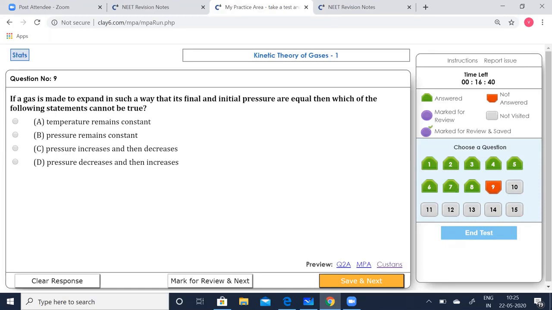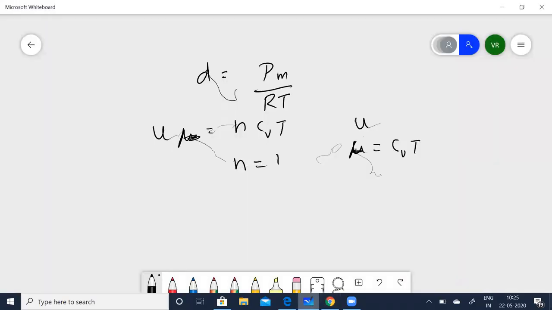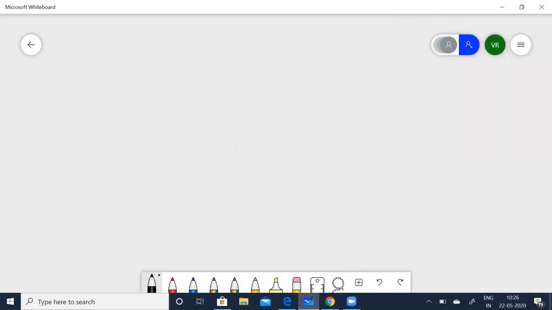So this can be represented by the graph. Let me write it here: PV is equal to a constant.